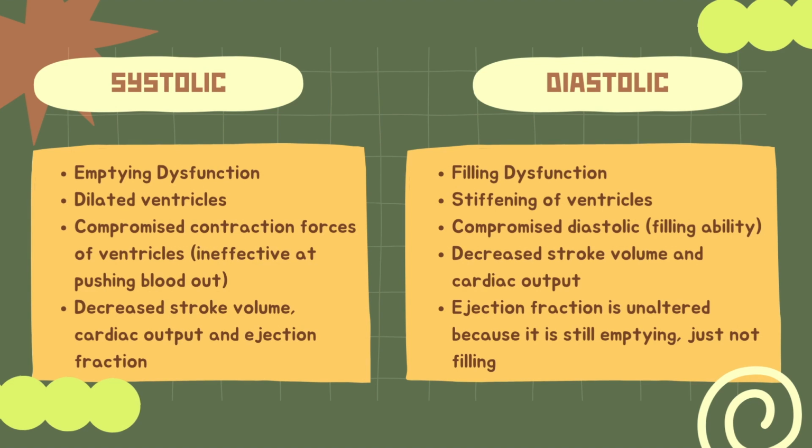So big differences between systolic and diastolic: emptying dysfunction versus filling dysfunction, dilated ventricles versus stiffening of the ventricles, and decreased stroke volume, cardiac output, and ejection fraction versus decreased stroke volume and cardiac output, but regular or unaltered ejection fraction.